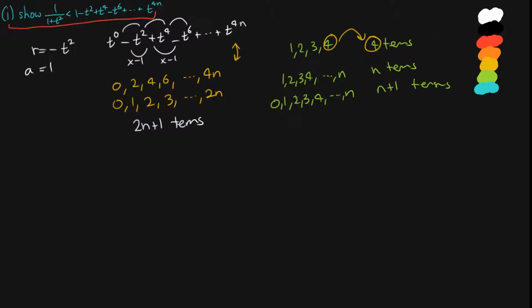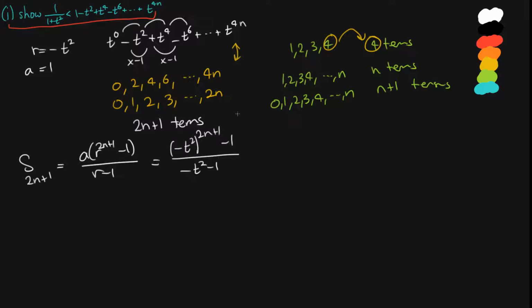So we just need to find S of 2n plus 1, which is equal to a r to the 2n plus 1 minus 1 over r minus 1. That's just the geometric progression formula. a equals 1, so we can ignore that and we'll sub in for r. Multiply both sides by -1. And I'll just distribute the power inside the brackets.